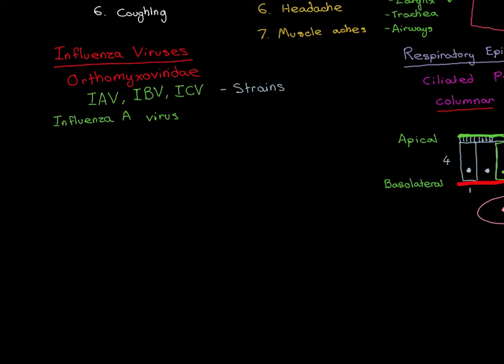So this is why you can get flu multiple different times, because of the different strains of the 3 types of influenza virus. If all of the influenza A viruses and all the influenza B viruses and all the influenza C viruses in the world were identical to one another, then you'd only be able to get flu 3 times, wouldn't you?